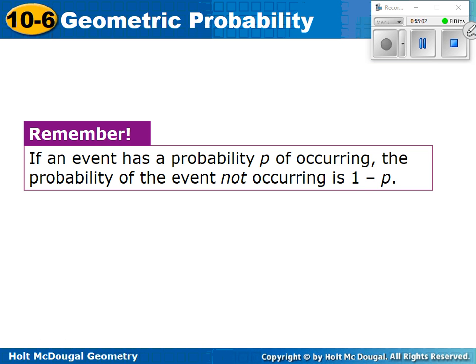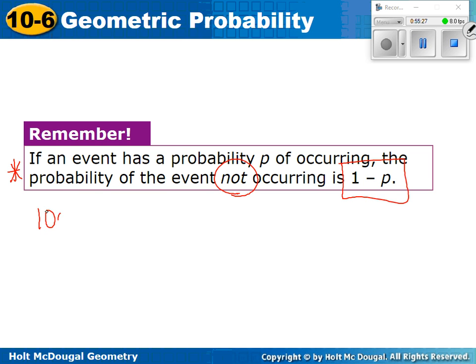This part, though, we didn't talk about. So when you told me that you might get an answer of a 10% chance of rain, what does that mean the chance of not raining is? 90%. So they may ask you, what's the probability that it does not occur? Well, you could find the probability that it does occur and then take 1 minus that, or 100 minus that.